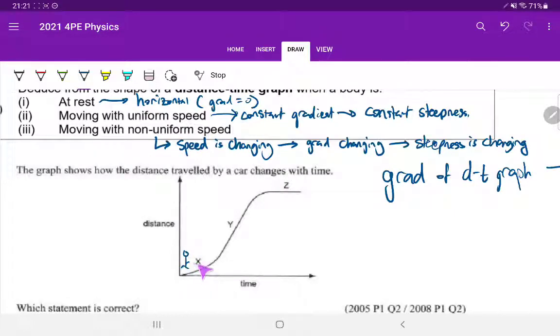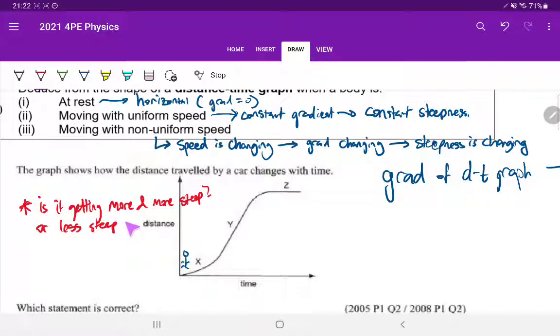As you walk from here to here, how is the steepness changing at the region X? Is it getting more and more steep or less and less steep? Okay, the key question to ask yourself to identify non-uniform speed is, how is the steepness changing? Ask yourself how is the steepness changing to find out how the speed is changing.